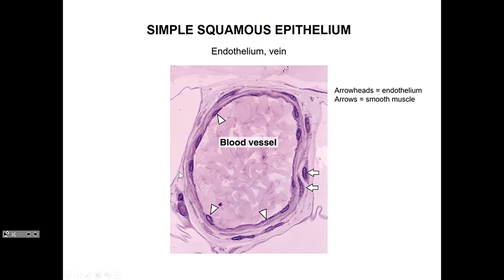Yes? This one? You can't really make it out, again, because the magnification is too low, so you really can't resolve the basement membrane. Yes? How do I know the arrow is smooth muscle? Because I know that this is a blood vessel.